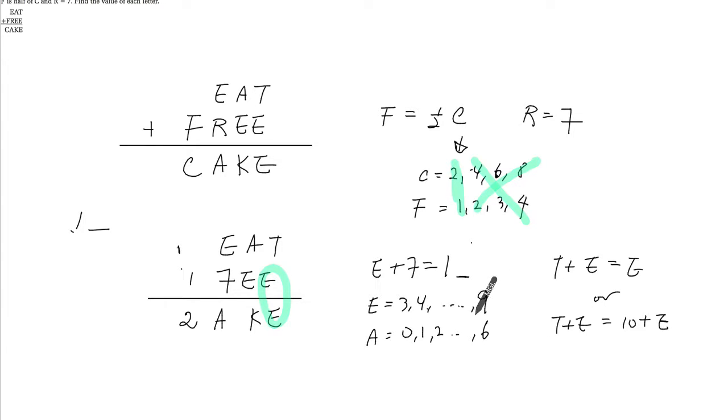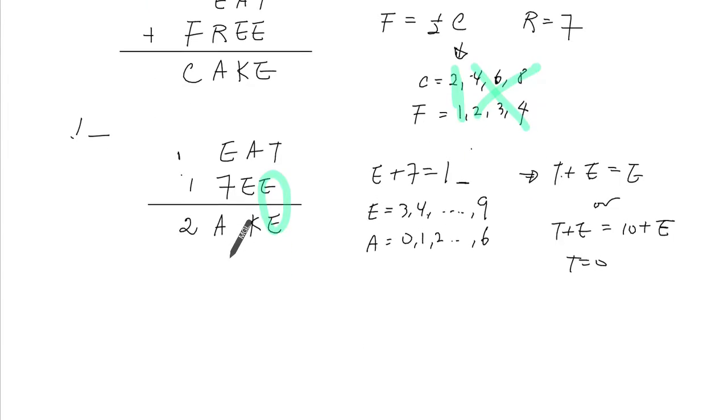So the only way this can be true is if T is equal to 0. And that's a good choice for T. And there's no way this can be true: if T plus C is equal to 10 plus C, that means T has to be 10, and we can't have a 2-digit value there. So this tells us T is equal to 0.